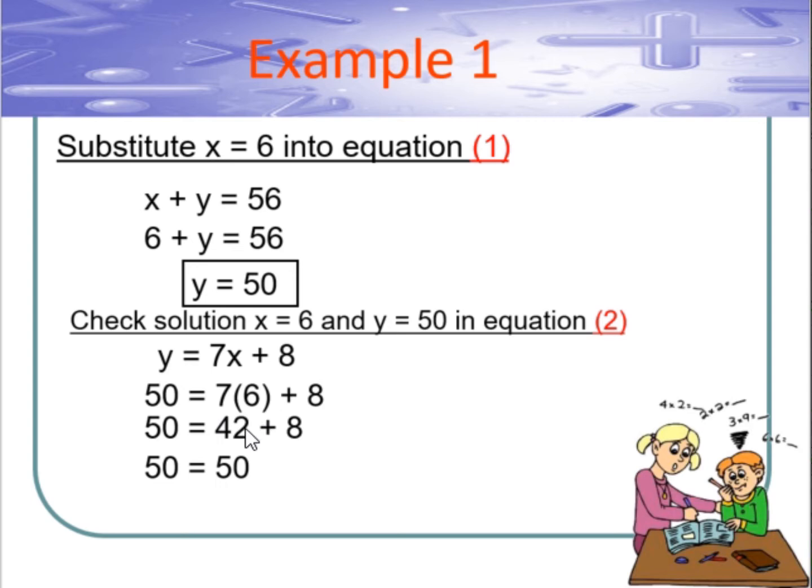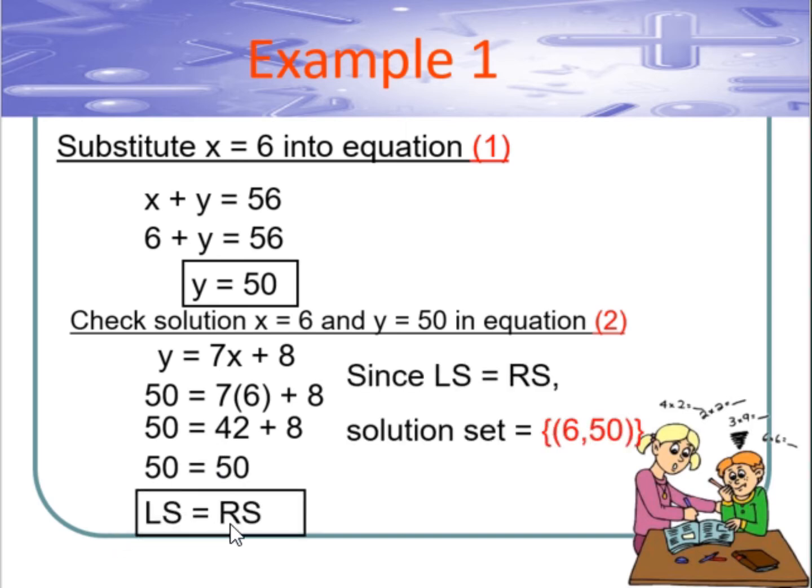And 7 times 6 is 42 added to 8. Therefore, 50 will be equal to 50. The left side of the equation will be equal to the right side of the equation. Since pareho sila, masasabi na ngayon natin ang solution set natin for this system of equation will be equal to (6, 50).